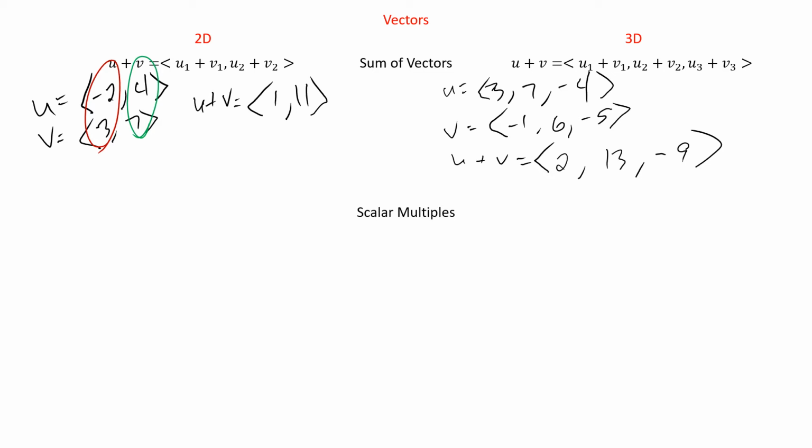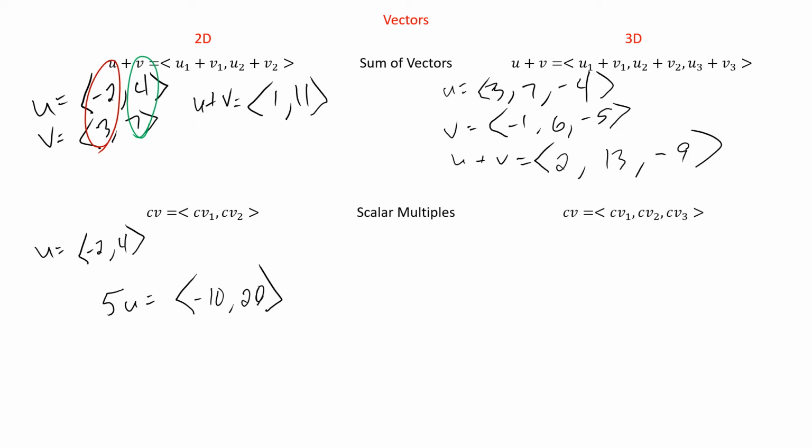Scalar multiples, same idea. If we have something times a vector, we just distribute it through. So let's say we use the same u from up here. u was -2 comma 4, and we wanted 5u. We would just distribute. 5 times -2 is -10. 5 times 4 is 20. In 3 dimensions, same thing. We just have to distribute to all 3 pieces. So if we take, say, the same u, and we want to multiply by -2, let's go -2u.